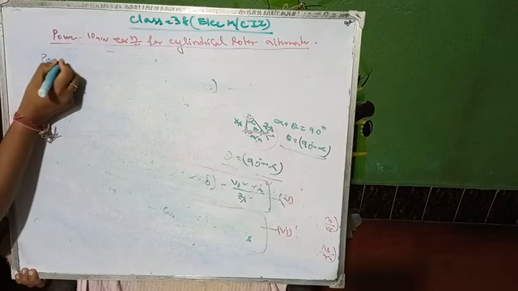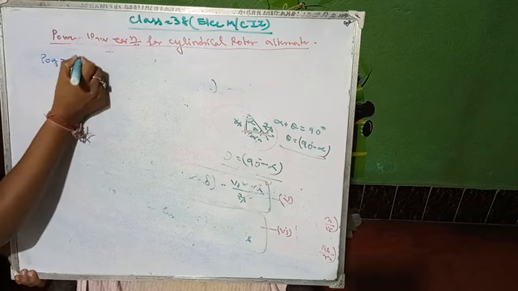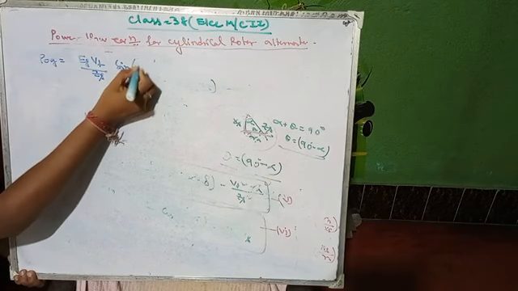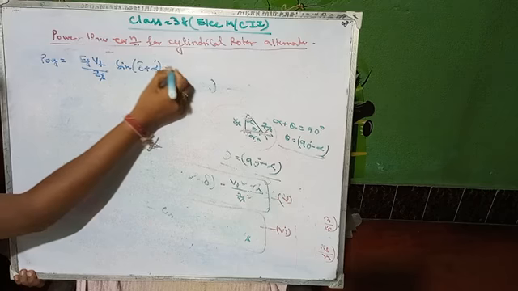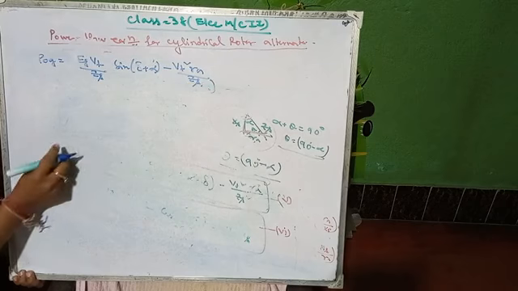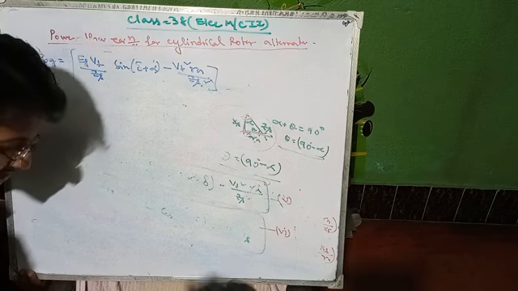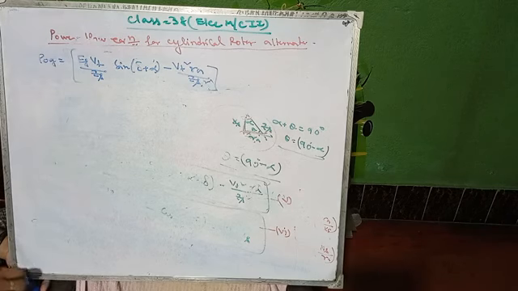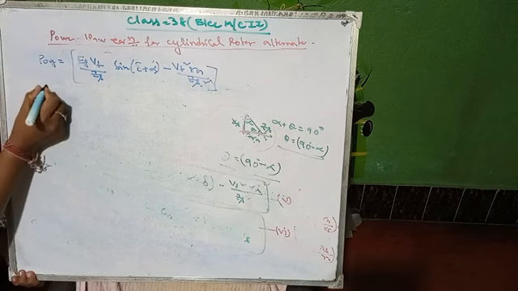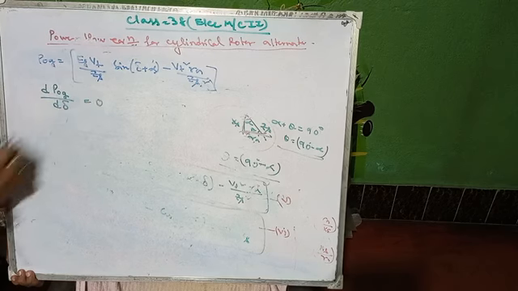PoG equals EF Vt by Zs sin of alpha plus del, minus Vt square Ra by Zs square, okay? So this is PoG. For the maximum condition, the derivative of PoG with respect to del should be 0.